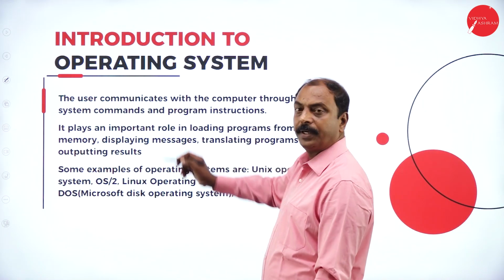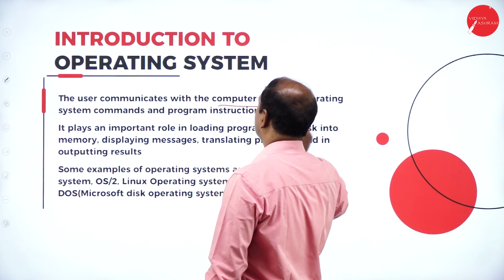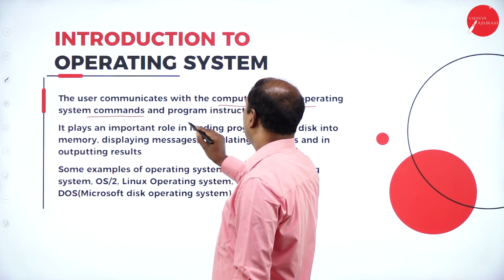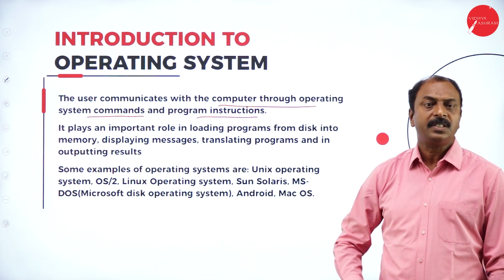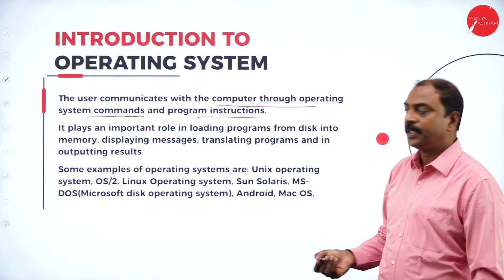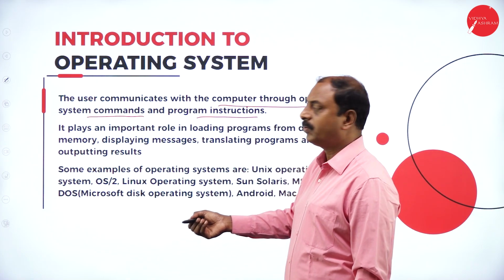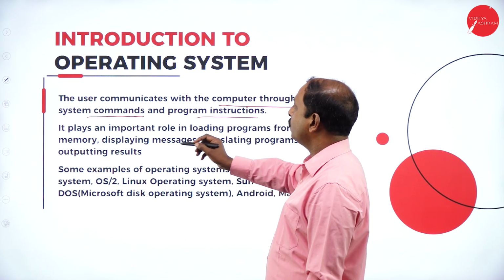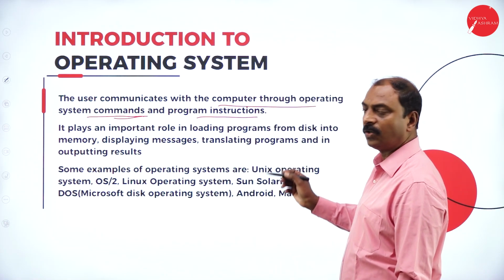Now again about the operating system. The user communicates with the computer through operating system commands and program instructions. That is why we say it's an interface between the user and the computer. We communicate with the computer through the commands of the operating system or system software.